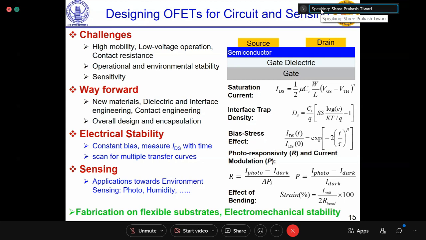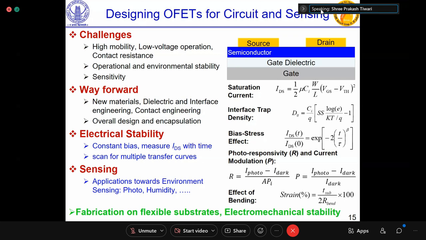But what is the good thing about these transistors made with organic semiconductors? One thing we have seen is that the current model matches very closely the one we get from conventional MOS devices, which is IDS equals half mu Ci W by L (VGS minus VT) squared.